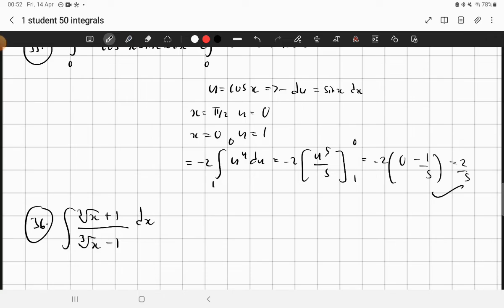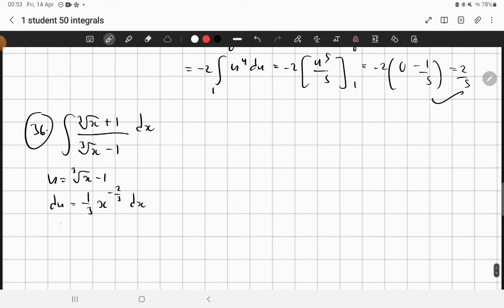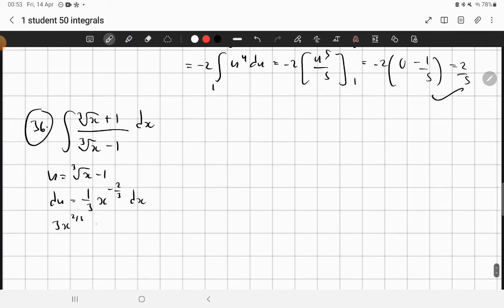Okay, the only thing I could think of, I have an idea. So let u be equal to the cube root of x minus 1, which implies that the derivative will be 1 over 3 x to the negative 2 over 3. Well, obviously I can't do anything about it, so I'm going to leave it as this. Okay, this is a good approach.